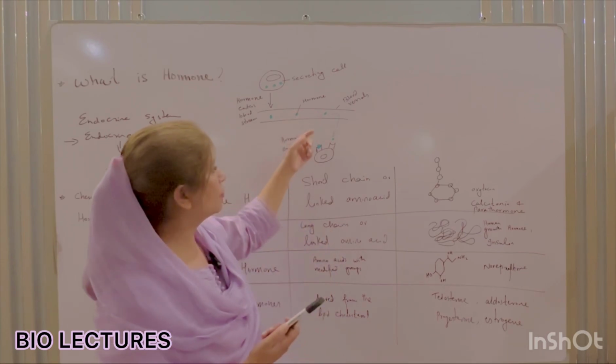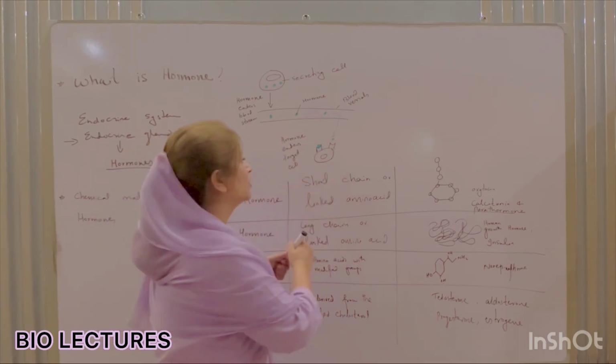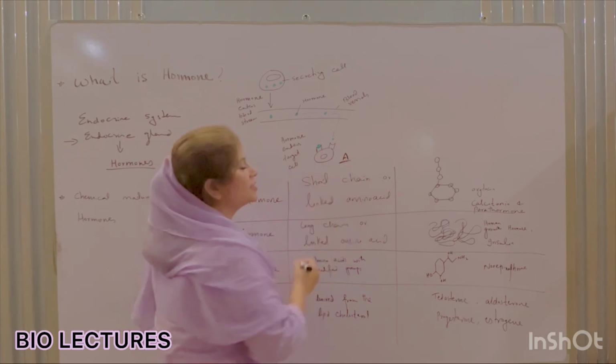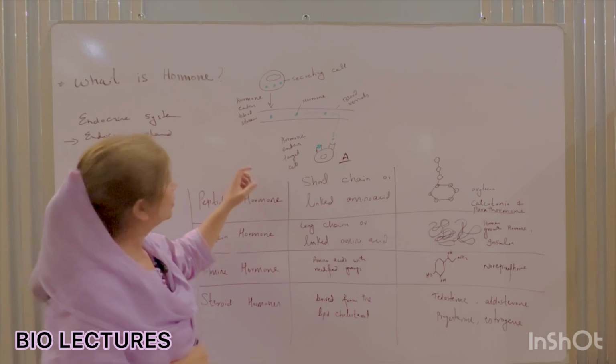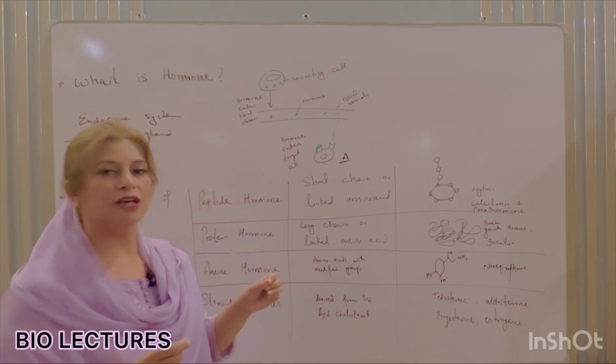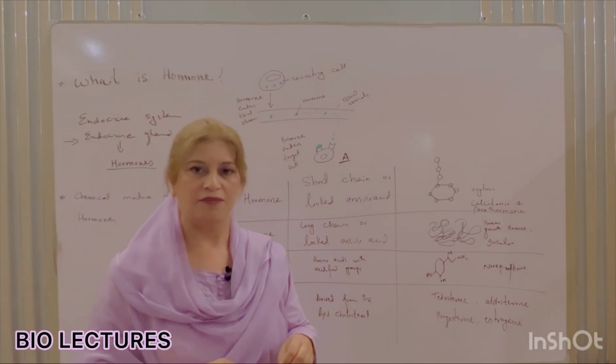Here you can see, for example, if we say that this cell A is a target cell for this hormone, what will happen? The hormone enters into the target cell.